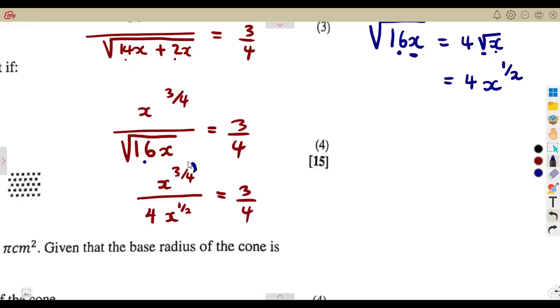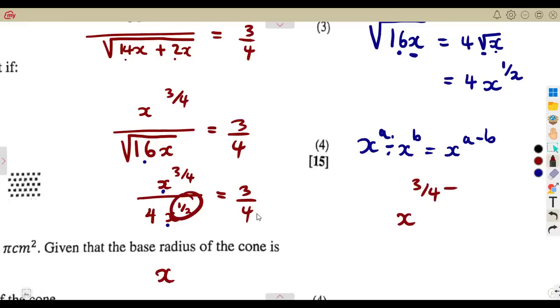These two terms, guys, as we can see, they have the same base, x. And we do understand that same bases when being divided, we can subtract the exponents. So meaning to say that will be x to the exponent of 3 over 4 minus 1 over 2.